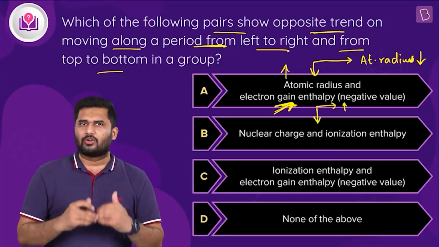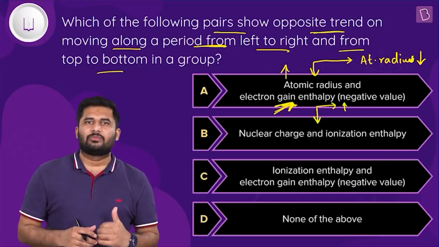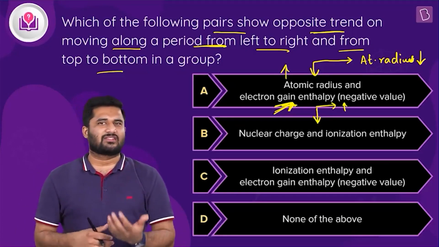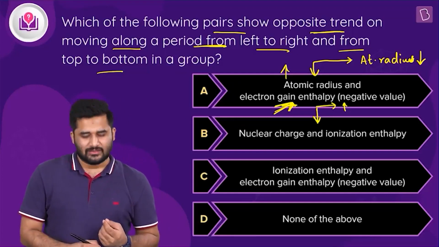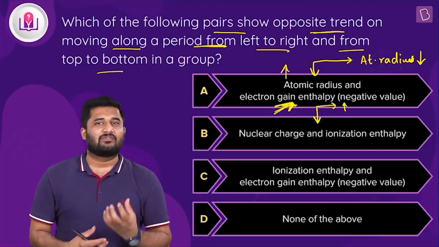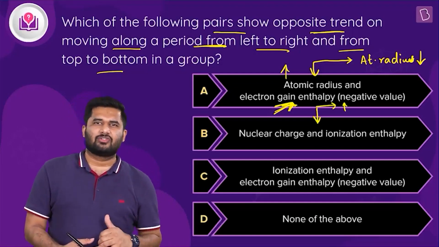And when you move down the group, the distance between the nucleus and the valence shell increases due to addition of an extra shell. Because of this, the effective nuclear charge either becomes constant or it decreases as you move down the group.